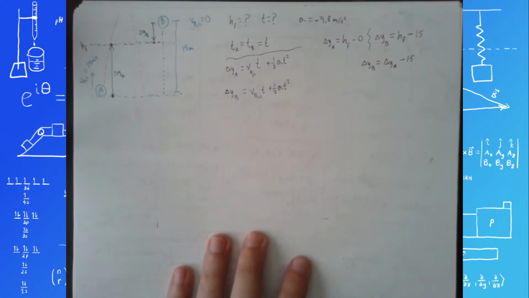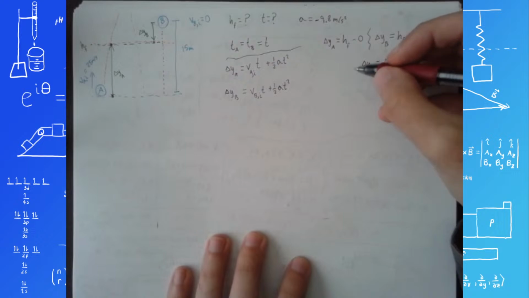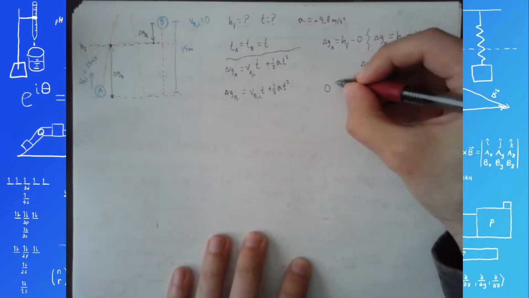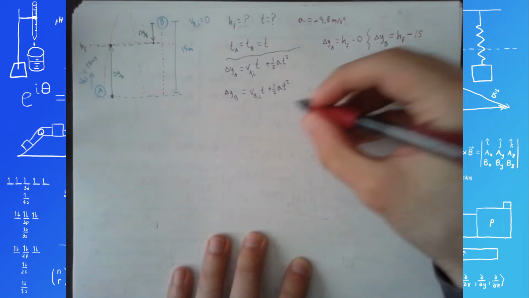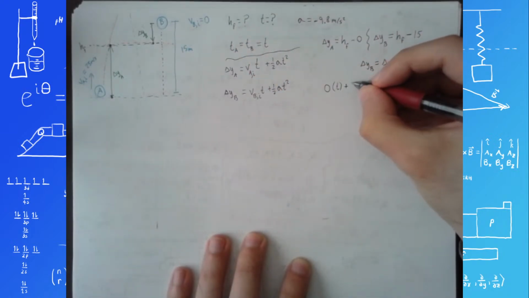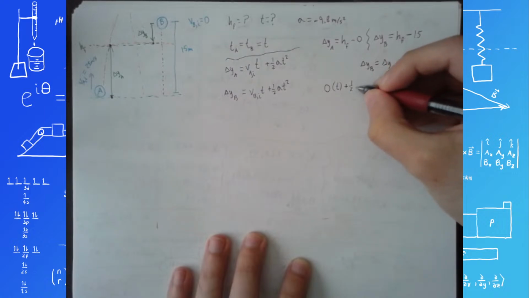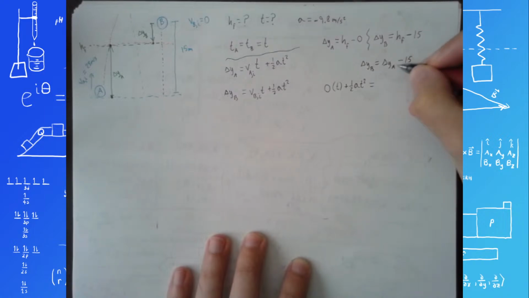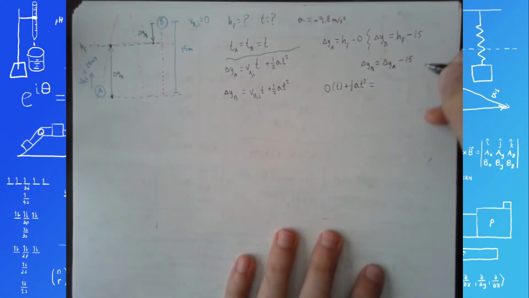Yeah, there we go. And then delta YB is going to be VB initial times T, VB initial being 0, plus 1/2 the acceleration times T squared, equals delta YA minus 15.